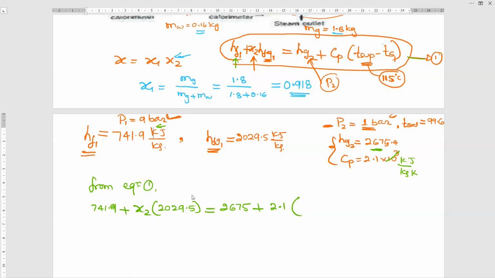Superheated temperature is 115, given in the numerical. Saturation temperature is 99.6. How to get the saturation temperature? This value you take from the data handbook at pressure P2, not always 1 bar, that is 99.6. So now you get X2.